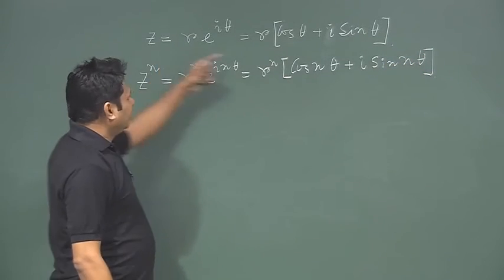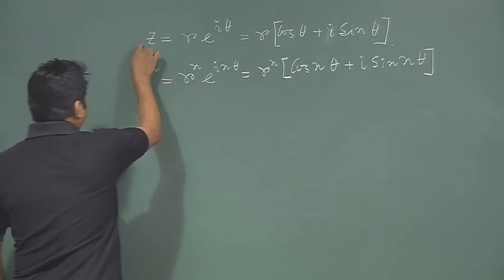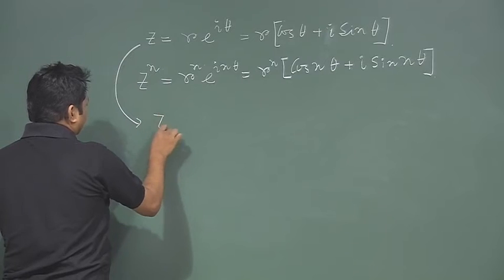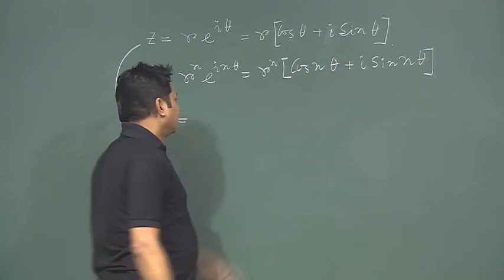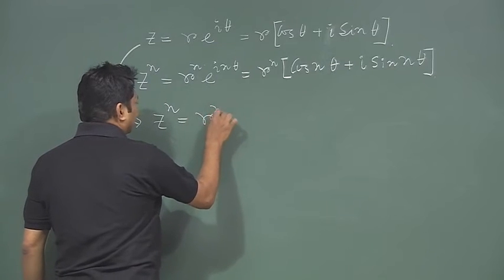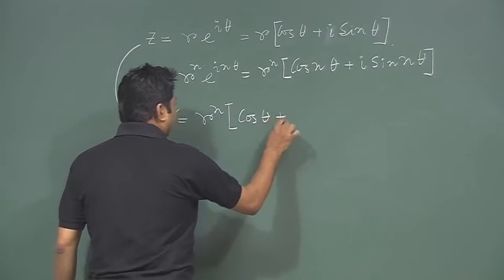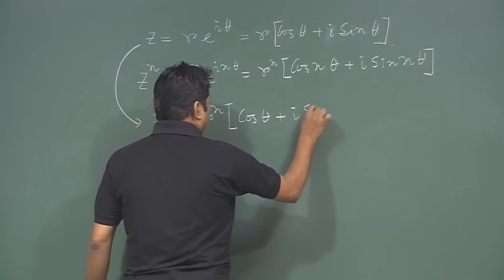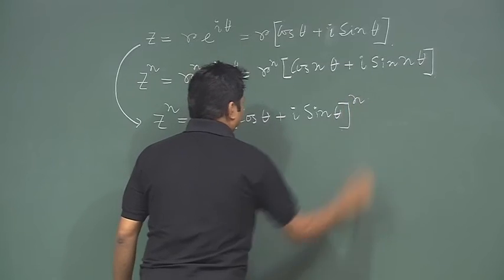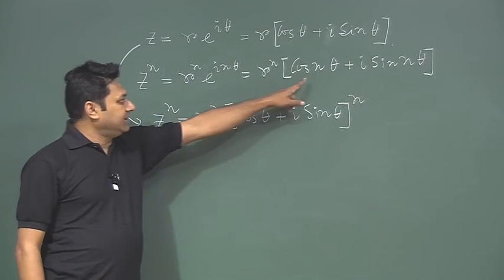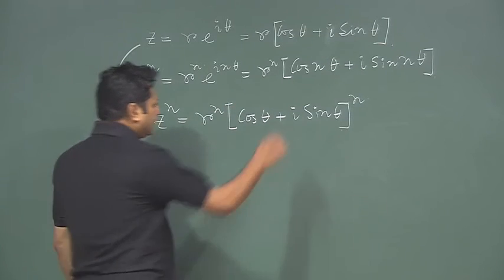But already z is equal to this. So, when I take the power n from here, it will be r to the power n, cos theta plus i sin theta, whole to the power n. Now, these things and these things are the same.